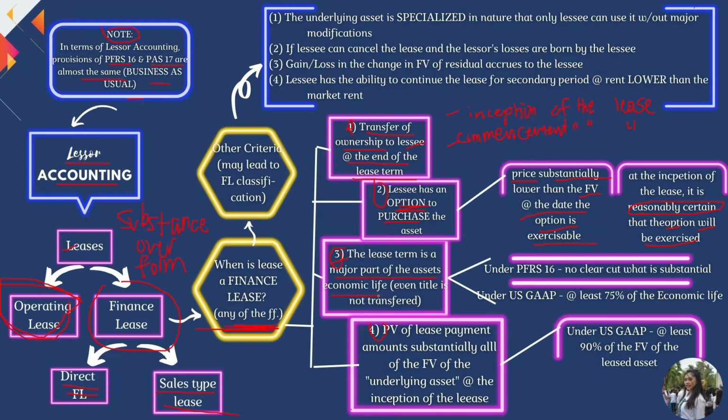So, unsa ning pasabot aning major part of the asset's economic life? Well, I will explain this first para to masabtan. So, di ba? Natay gitawag og useful life nasa tay economic life. Now, what's the difference between the two? When you say useful life, literally, we use it for property, plant, and equipment, and also investment property.